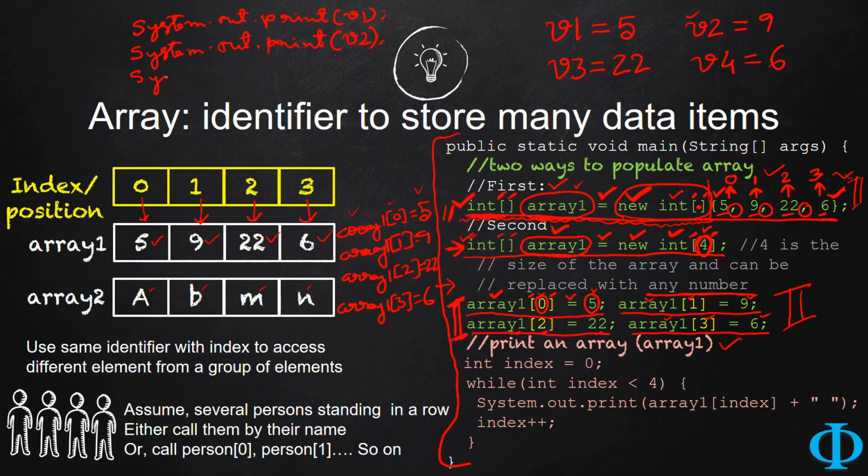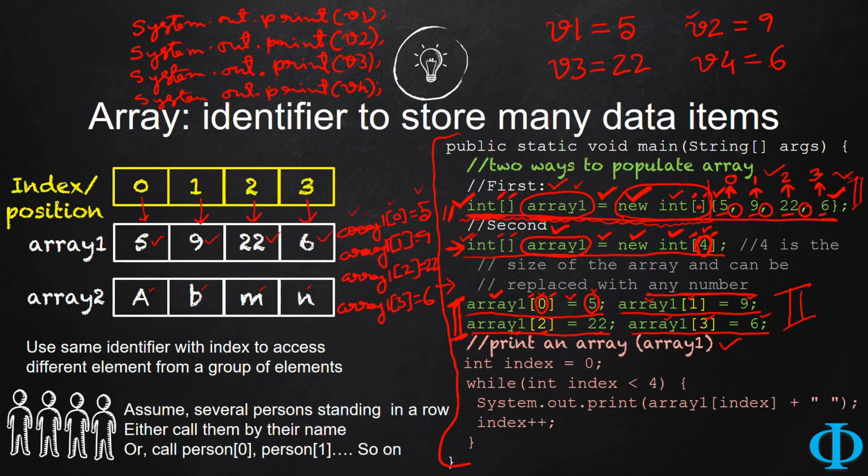Similarly, for v3 also, you have to use another system.out.print v3. And similarly system.out.print v4.